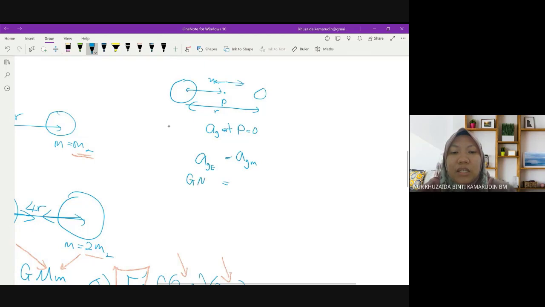So you have GM over R square. This one GM over R square.